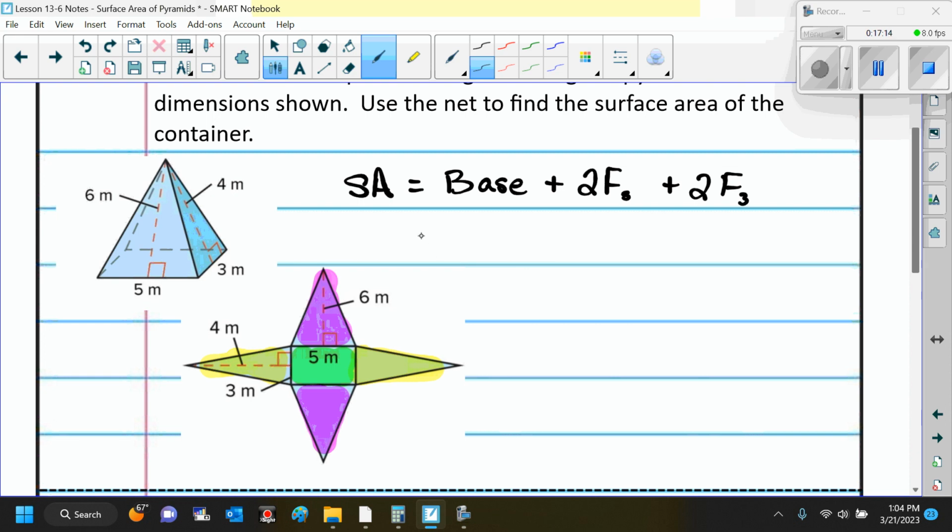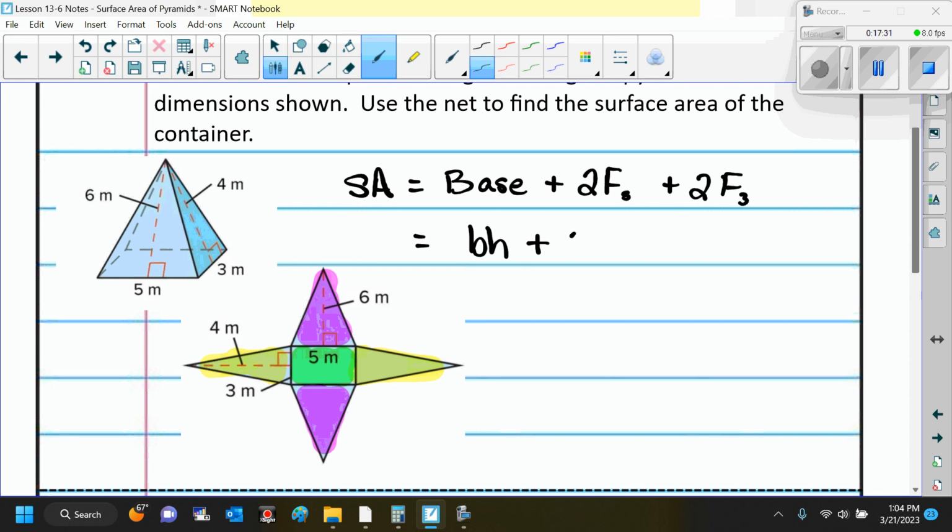Alright? So now we've got the base of the rectangle. The area of the rectangle is base times height. And each of these faces is going to be 1/2 base times height.